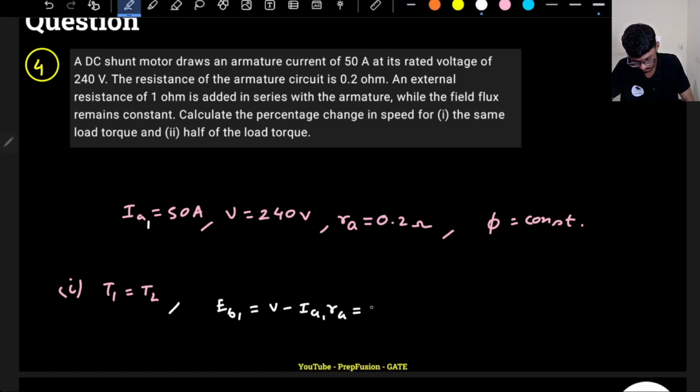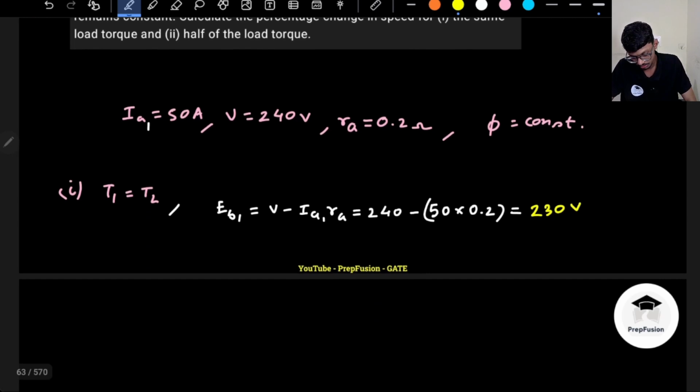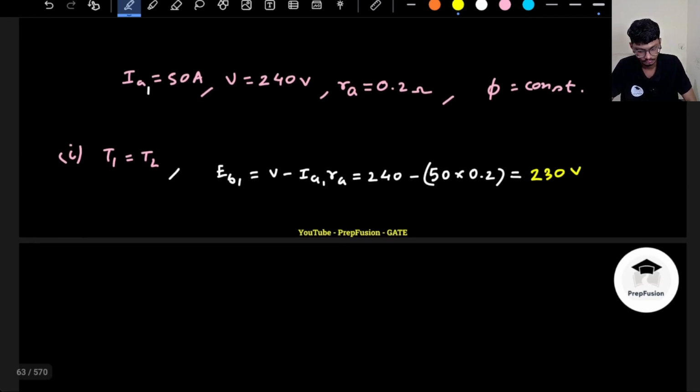So this will be equal to 240 minus Ia1, that is 50, into 0.2, right? So this value will be 240 minus 10, so 230 volts. So my Eb1 will be 230 volts.